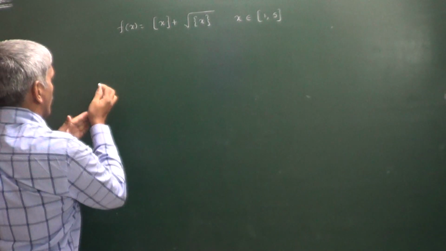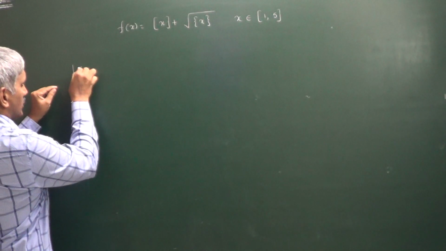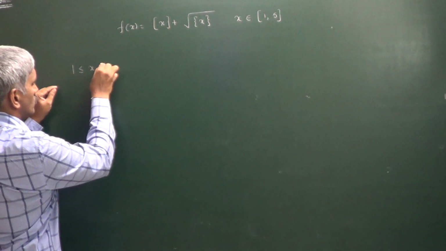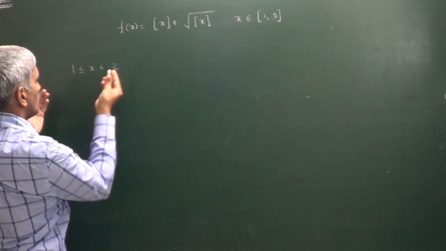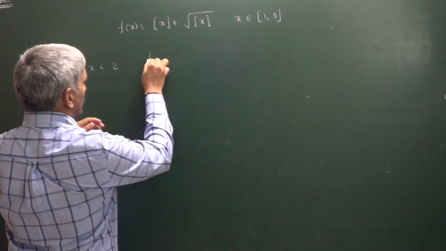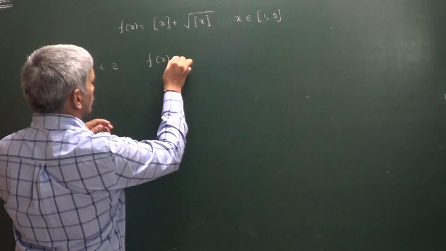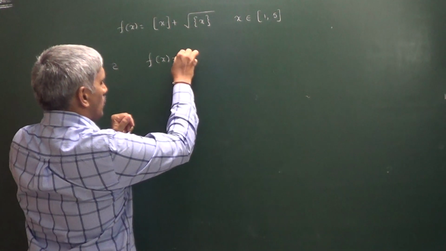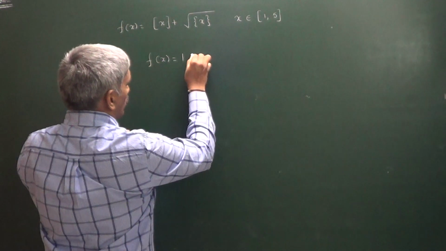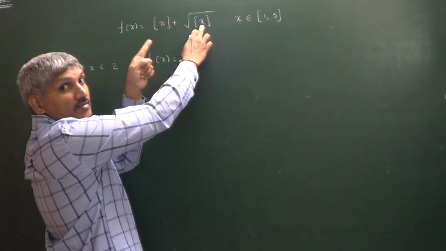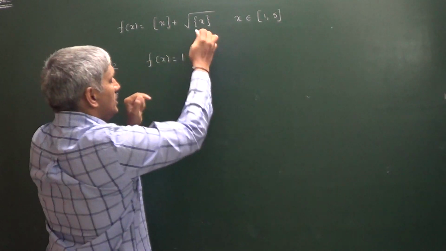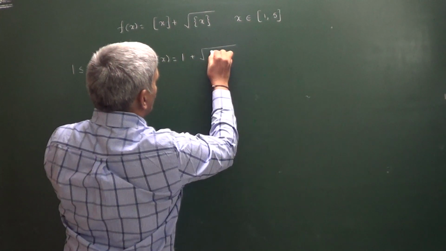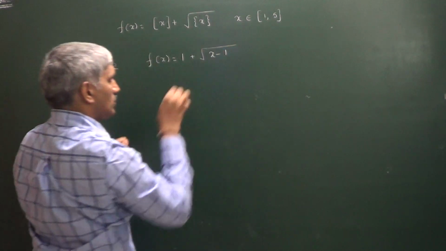First I discuss 1 less than or equal to x less than 2. How does the function behave? Between 1 and 2 the integral part becomes 1, plus the fractional part, which is nothing but x minus the integral part of x, so you get square root of x minus 1.